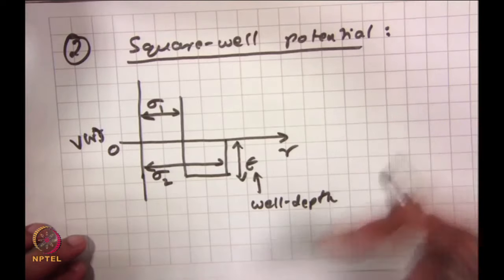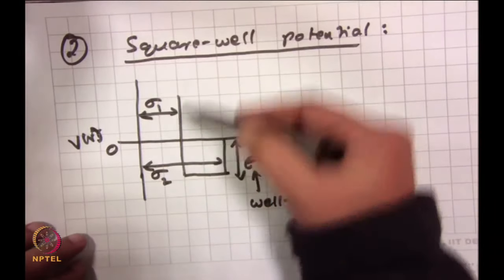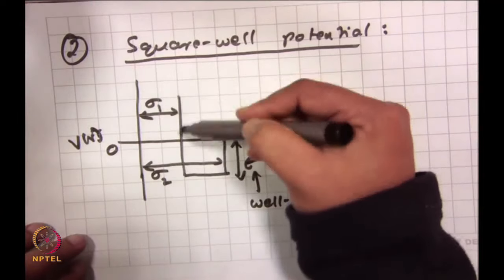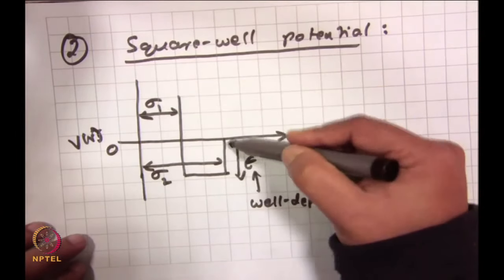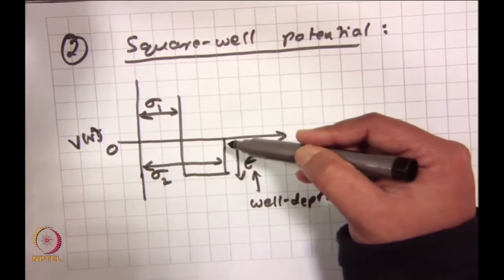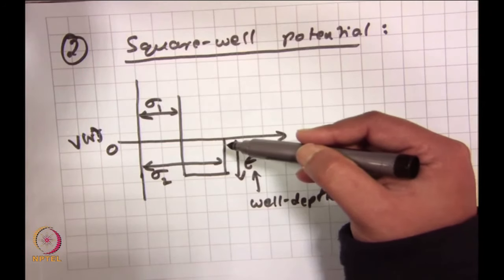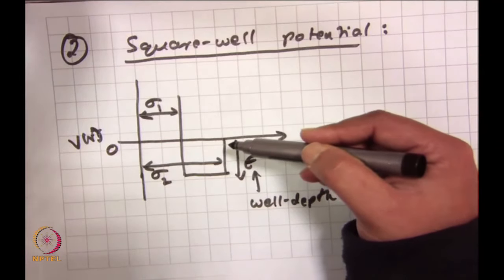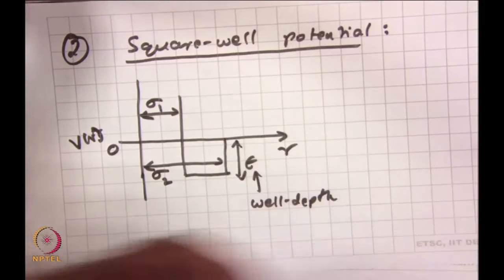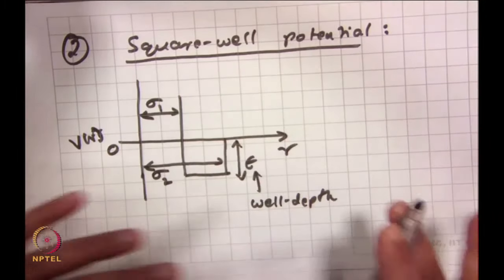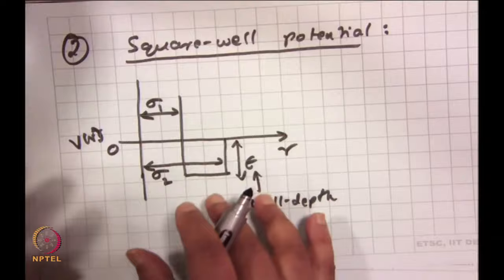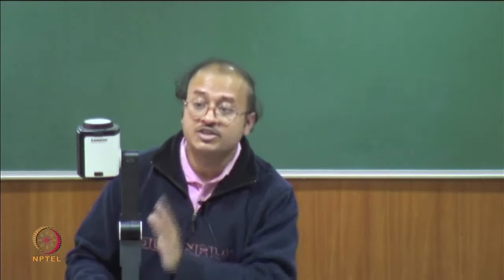Here again the drawback is that the potential rises to infinity very fast, and here it also drops to 0 very fast. In the first case it was rising to infinity very fast, with no attractive potential. In this case you have an attractive potential and a repulsive potential, but both of these are very steep.